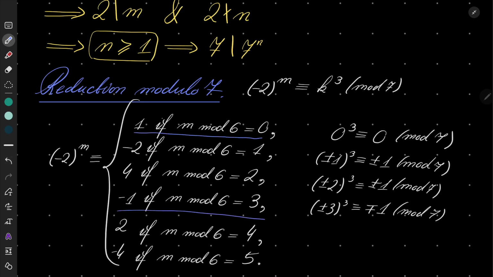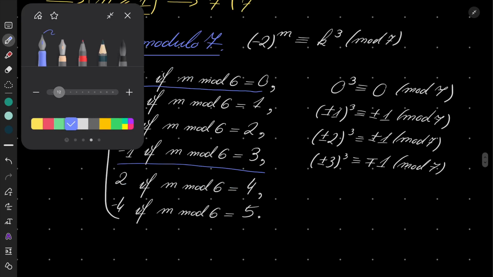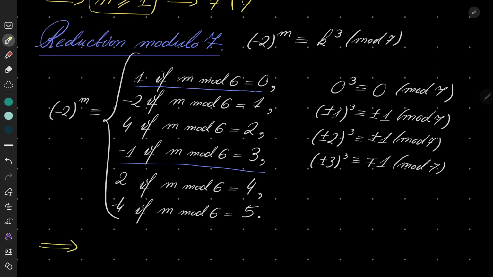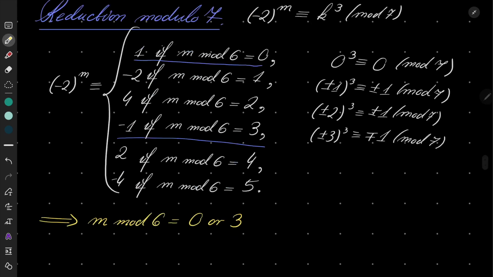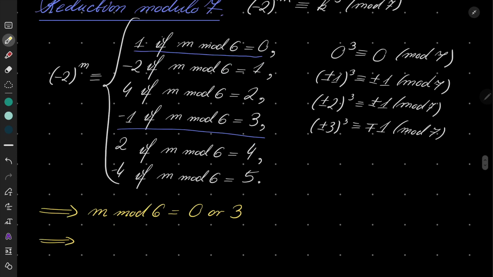So either m is congruent to 0 or 3 modulo 6, which means that 3 divides m.